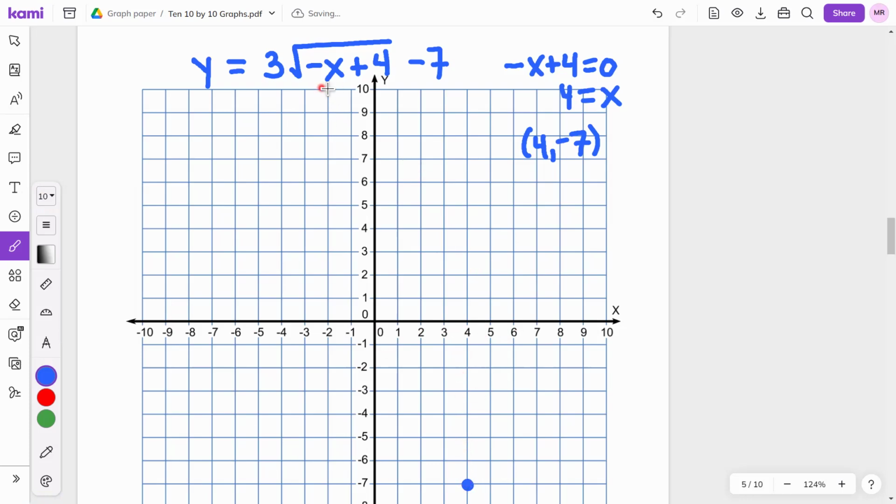Now, remember, the reason it's going to be going to the left is because if I was to put 5 in here, I get a -5 plus 4. That's going to be a -1. So I cannot take the square root of a negative. So that's why this is going to be my furthest point, and everything else is going to go this direction.